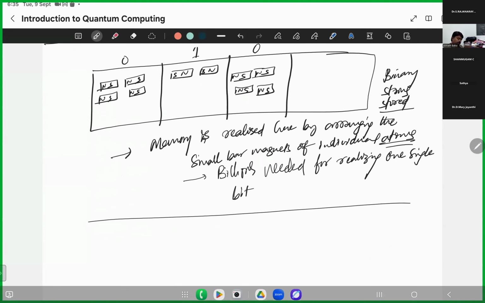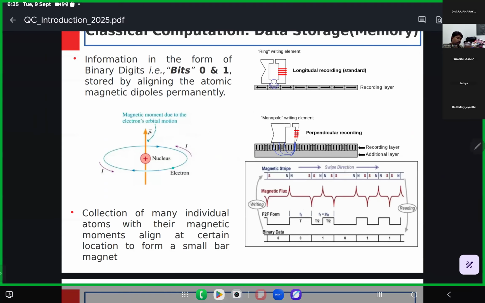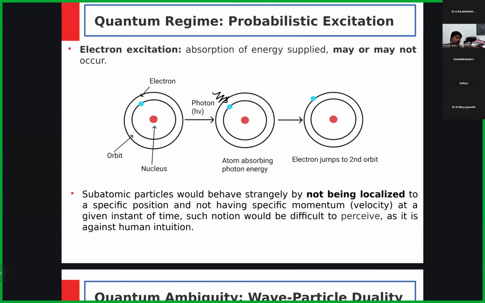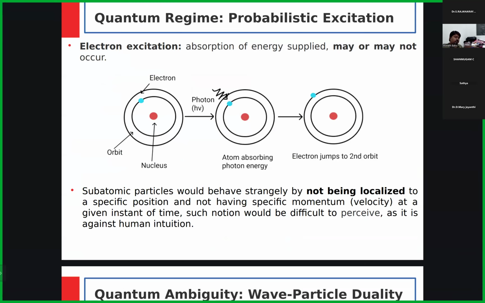Now, if you get back and see, you can record the data and you can retrieve the data by arranging the bar magnets. Now, when it comes to the quantum regime, as it was told yesterday, if a photon comes into the atom, the photon can be absorbed or not absorbed because it's quantum in nature. At a quantum level, things are not certain.